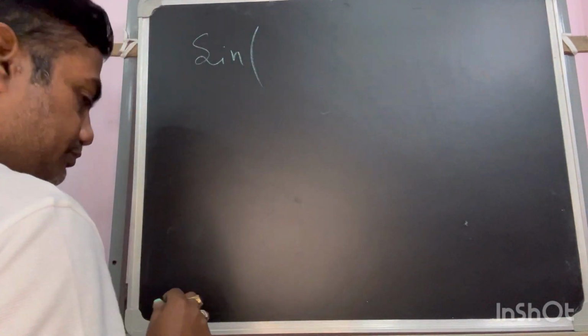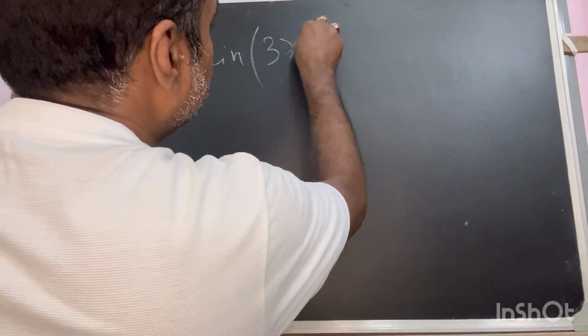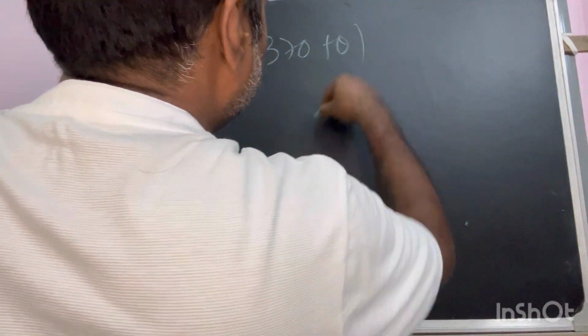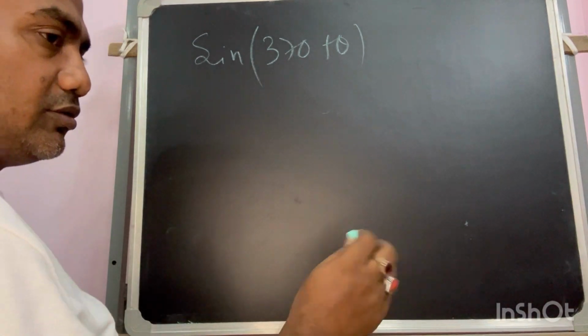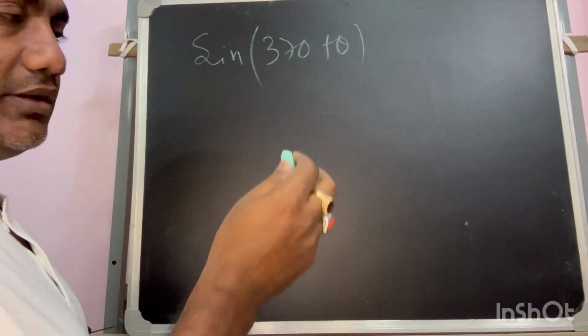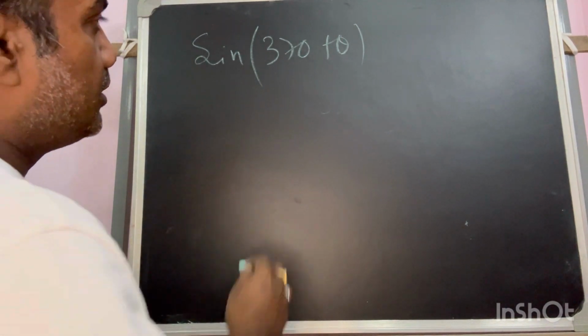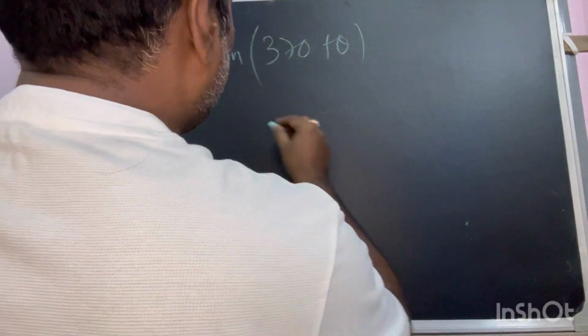Sine of 370, let's say 370 plus theta. Why am I taking this separately? Because till now I have only taken the even multiples of 90. Now I am going to bring something which is an odd multiple of 90.